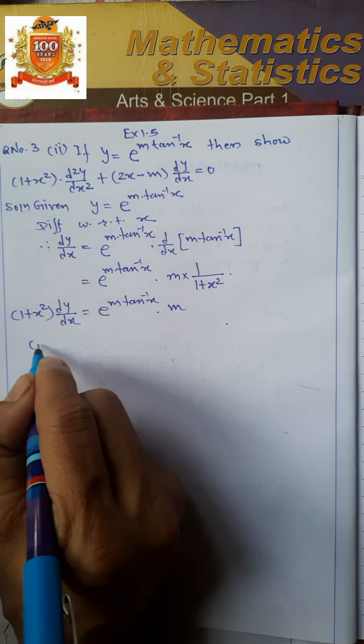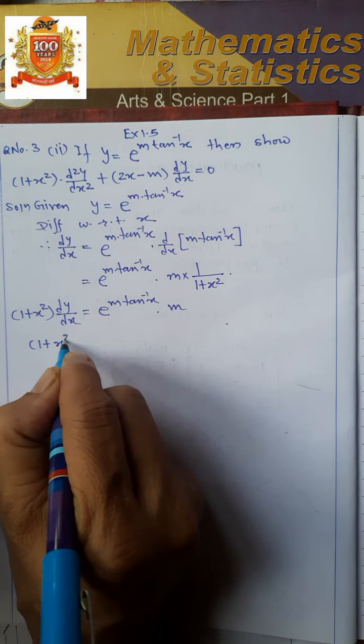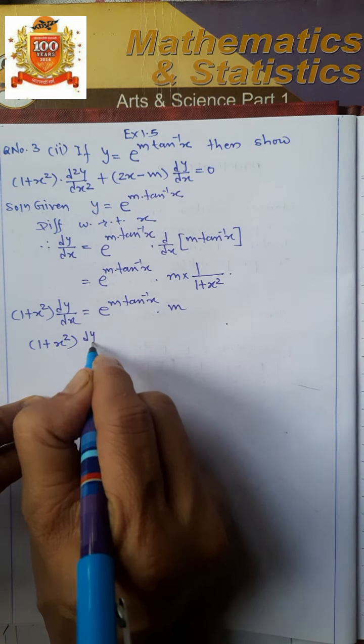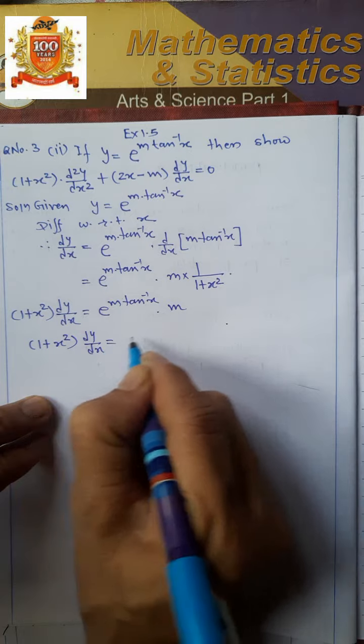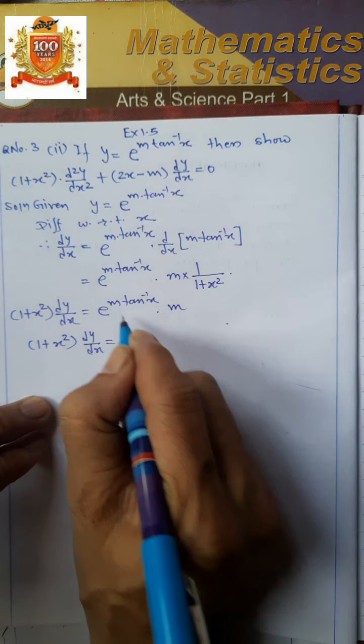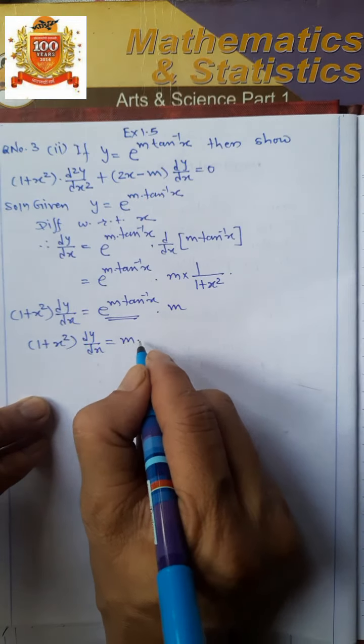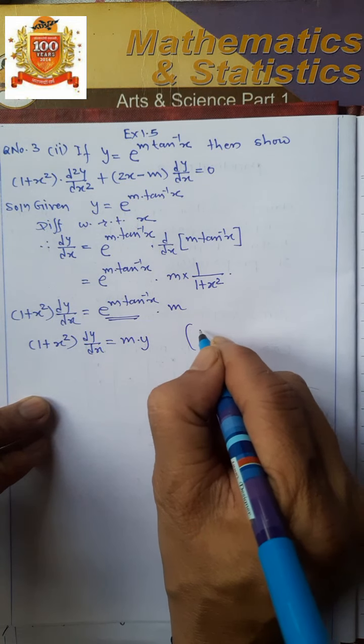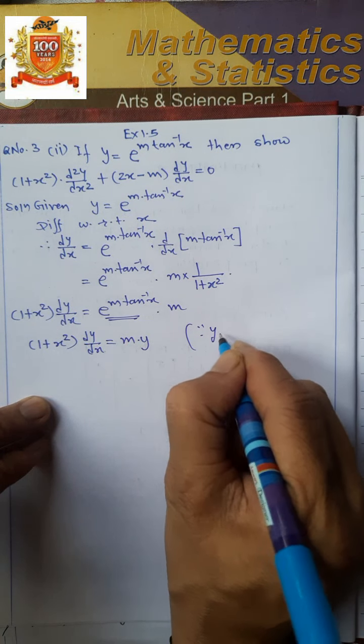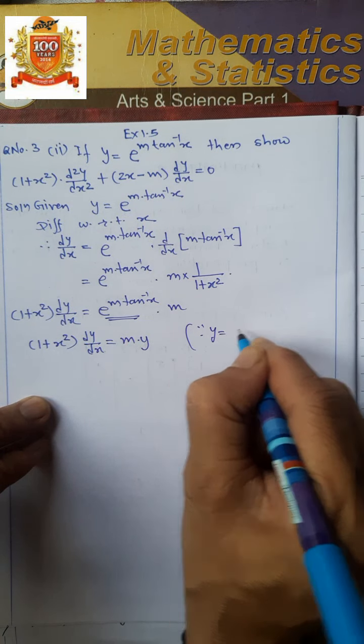Therefore 1 plus x square dy by dx is equal to m as it is into, this is the value of y, my, since y is equal to e raised to power m into tan inverse of x. In this way we get here this.